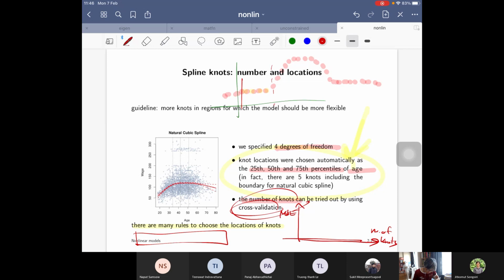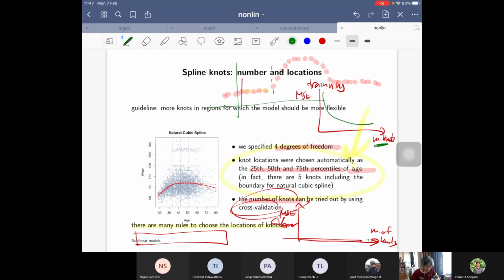So this is the cross-validation error. Suppose you evaluate this MSE on the training data set as a function of the number of knots. You know the trend would be monotonically decreasing, because more knots means more flexible.